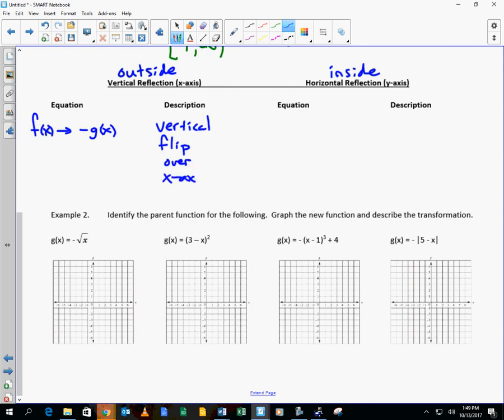X-axis if it's a vertical flip. F of x moves to g of negative x. Is the negative on the inside or outside? Inside. So that will create a horizontal flip. If it's horizontal, will it be over the x-axis or y-axis? Y-axis.